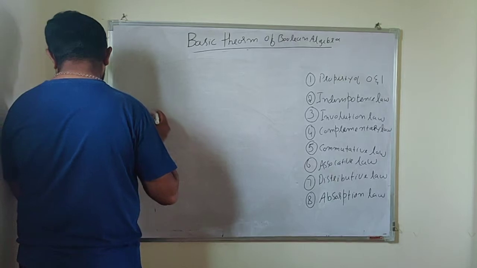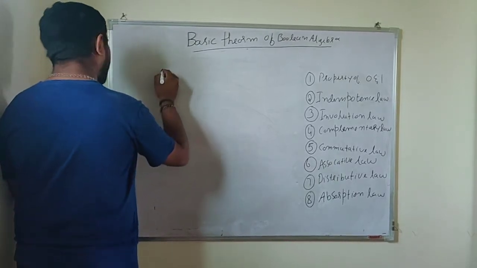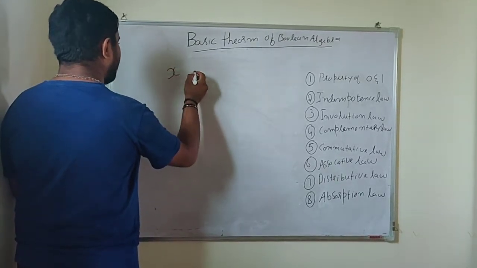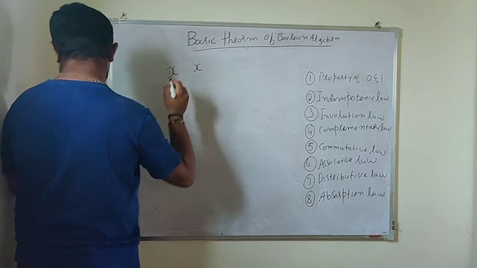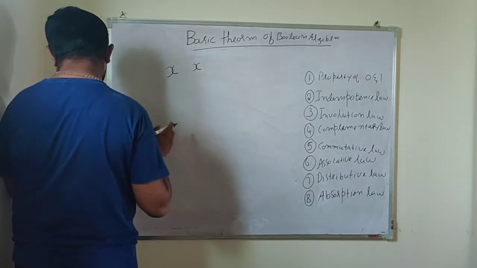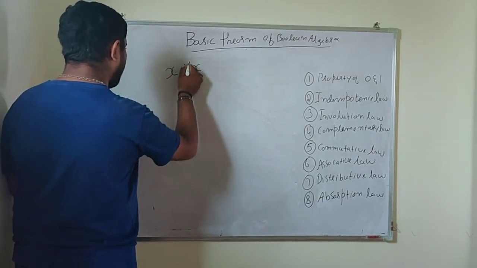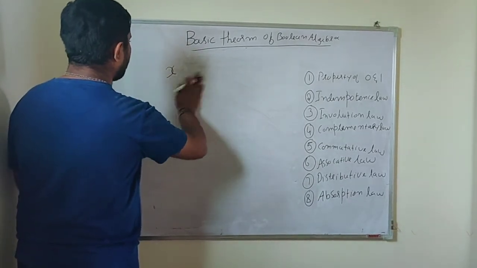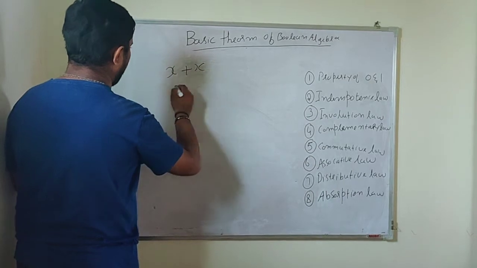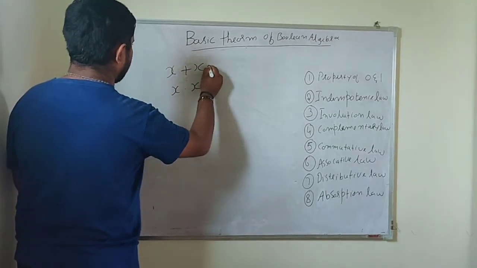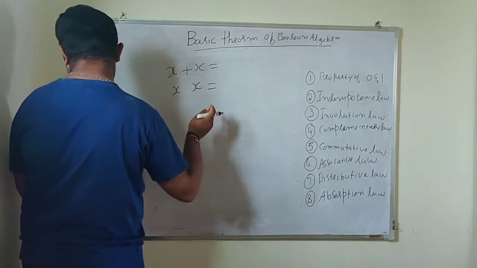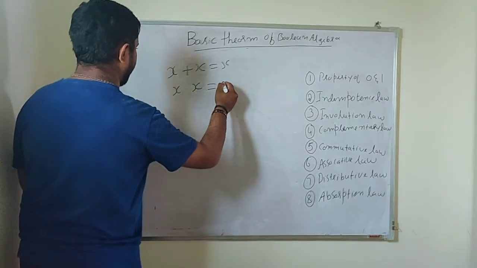It states that when a variable is combined with the same variable, using an OR gate or AND gate, x plus x or x into x, then the value will be the same, x.